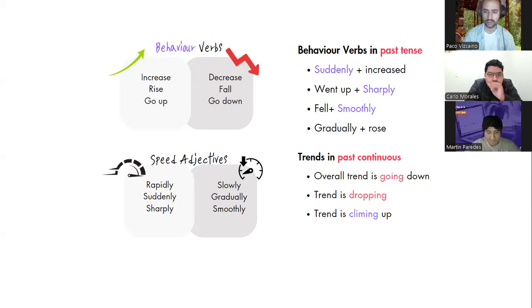Por ejemplo, Carlo, give us a read of the options here. What options do we see? Suddenly plus increased. Exacto. Bien, good. What else? Okay, went up plus sharply.